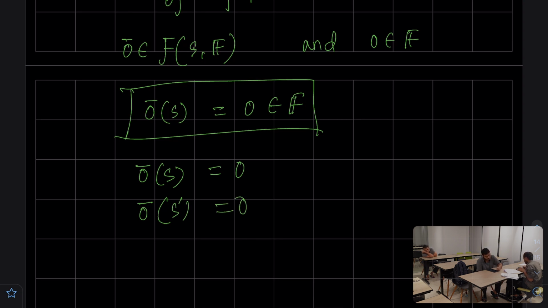So the 0 is unique here, and there is no restriction on choosing s and s prime, because they are in the domain. So the definition is that all the elements in the domain go to 0.